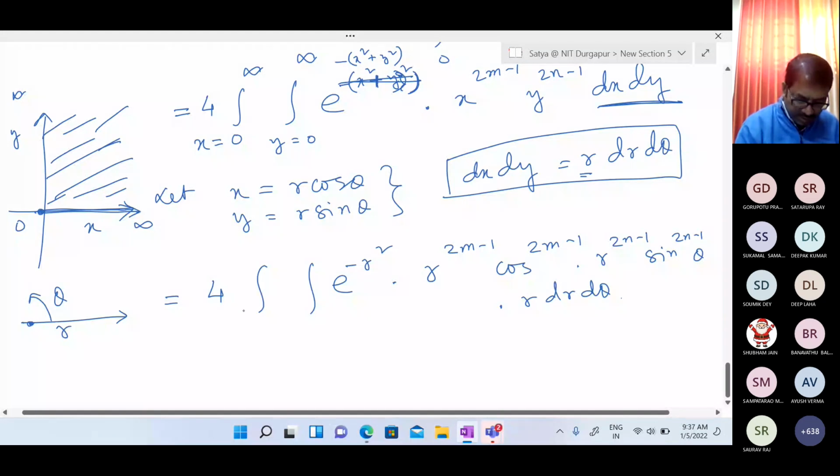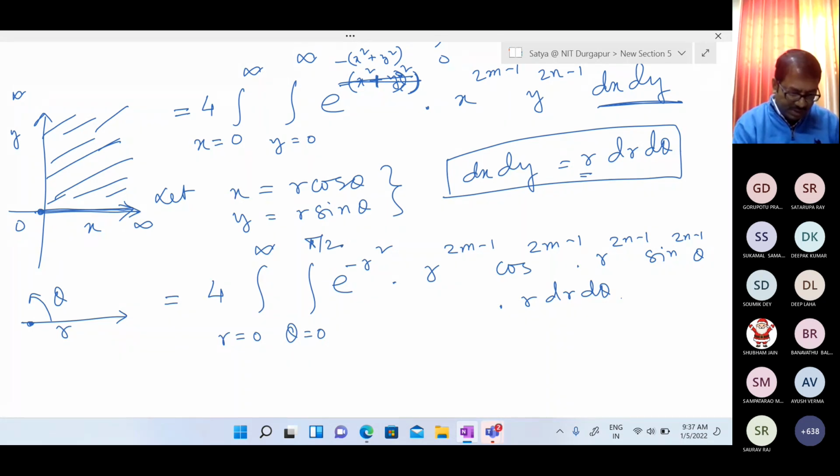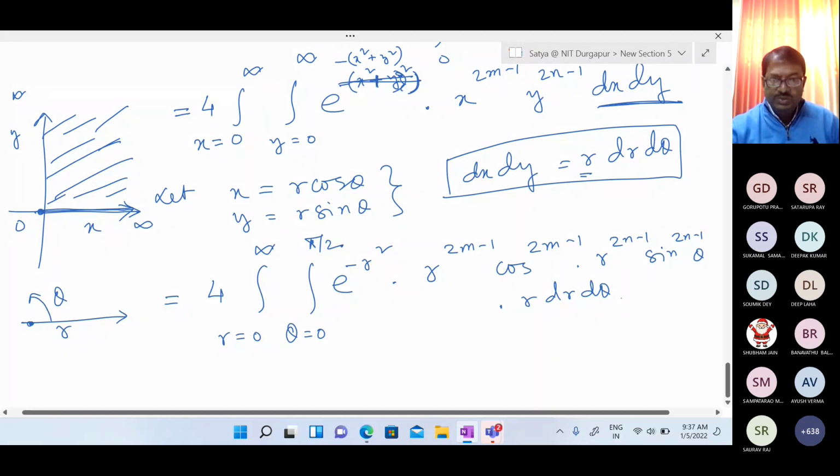So the limit is converted to r from 0 to infinity and theta from 0 to pi by 2. I hope you are able to understand from this graph. This is the first quadrant.